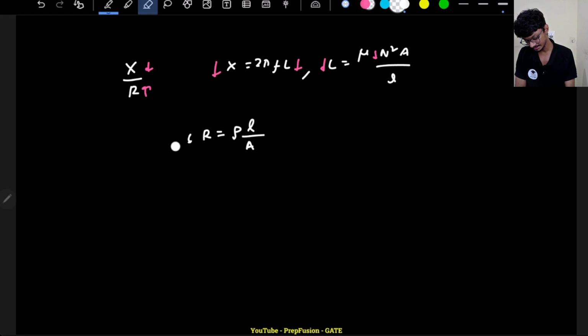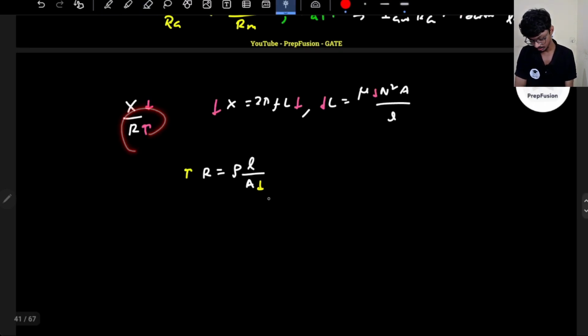Of course I cannot change the resistivity. I have to decrease the area, because I want R to be higher. So either I can reduce the length or reduce the area, both of which will work.